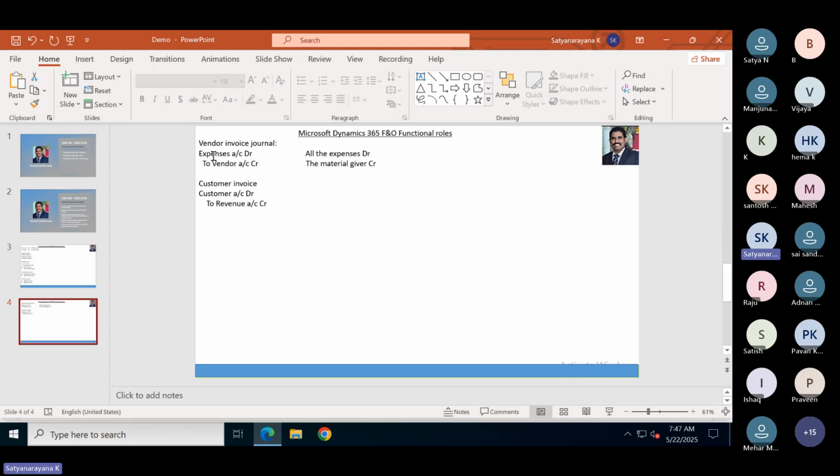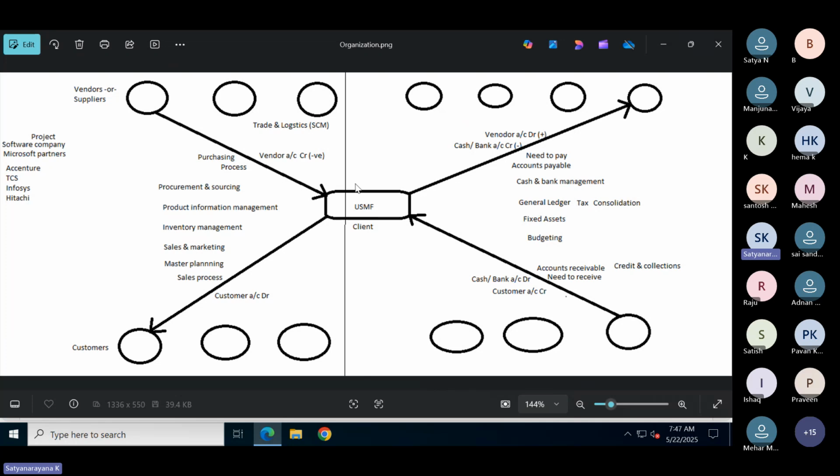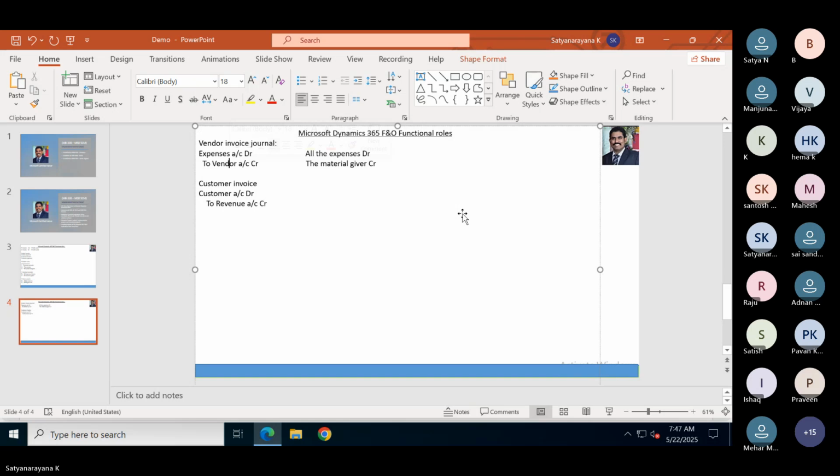So expenses account debit to vendor account credit. How can I remember vendor? Vendor is giving the material, because if I'm running my business, vendor is the giver. So vendor credit. This is a negative amount. I need to pay this money to the vendor because I'm taking material from the vendor. I will do that later.